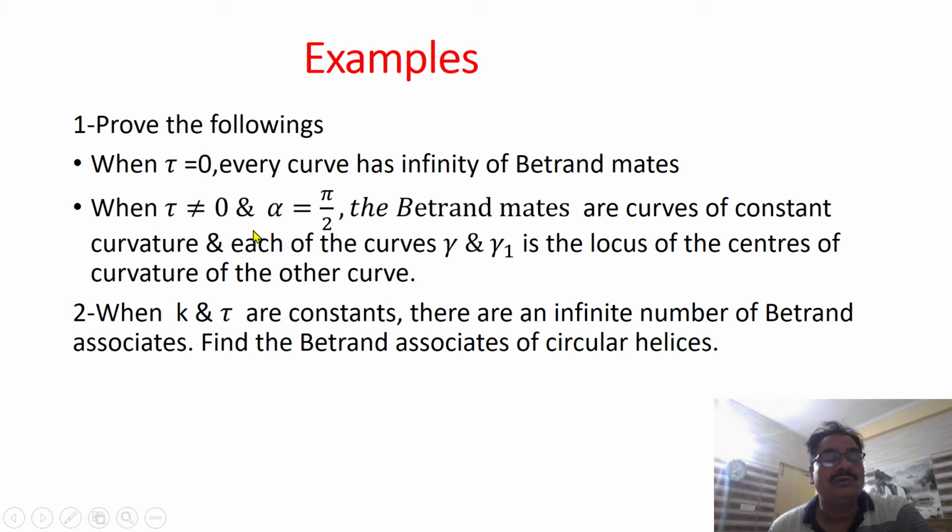When tau is not 0 and alpha is pi by 2, then Bertrand mates are curves of constant curvature, and each of the curves gamma and gamma dash is the locus of the centers of curvature of the other curve. When k and tau are constant, then there are an infinite number of Bertrand associates. Find the Bertrand associate of a circular helix. So I want these two examples. You should try your best.